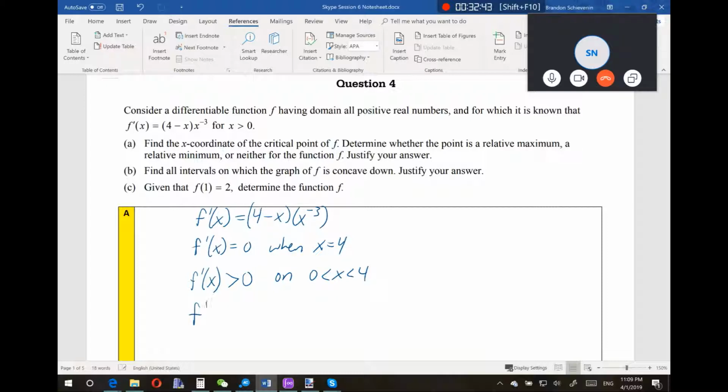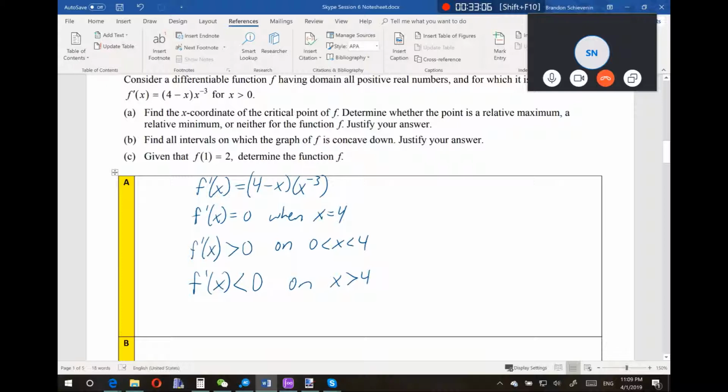But then for the other side, what happens when you plug in 5? It's negative. Negative, perfect. So f prime is less than 0 on the interval where x is greater than 4. Okay, so what can we conclude? So it would be a maximum, a relative maximum.